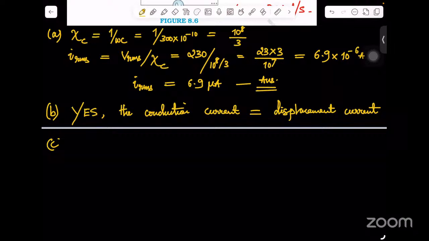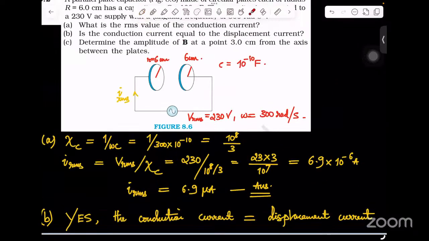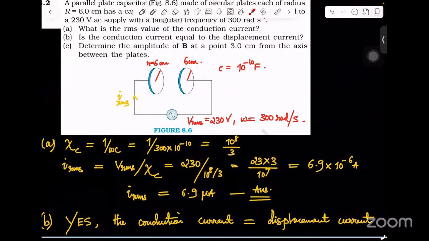Now the third bit says determine the amplitude of B, the magnetic field, at a point 3 centimeters from the axis between the plates.